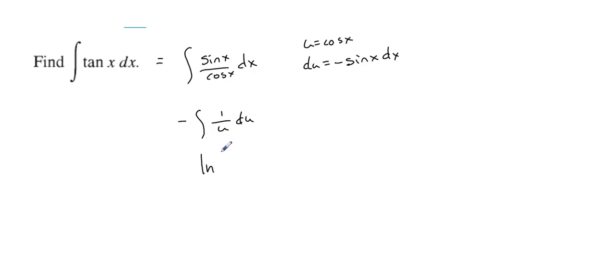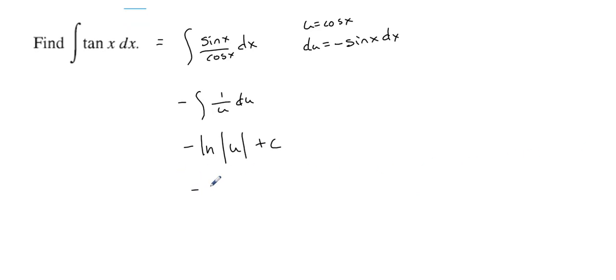What is he missing? Absolute value. Yep. All right, negative natural log absolute value cosine x plus c.